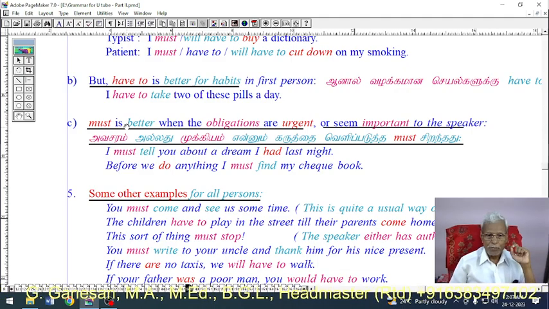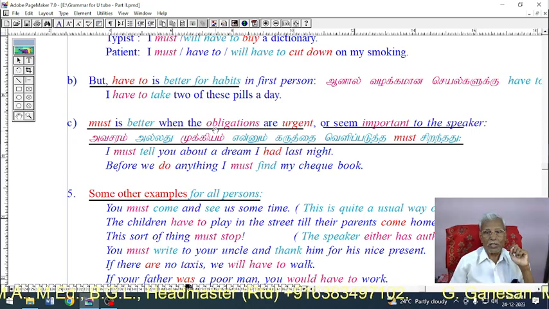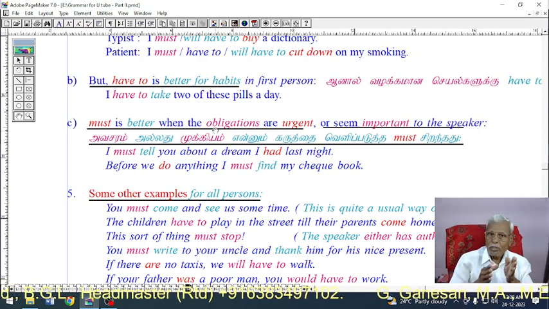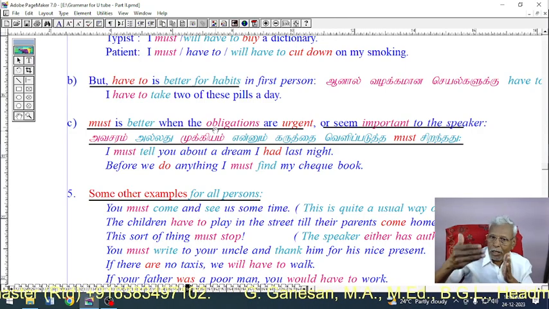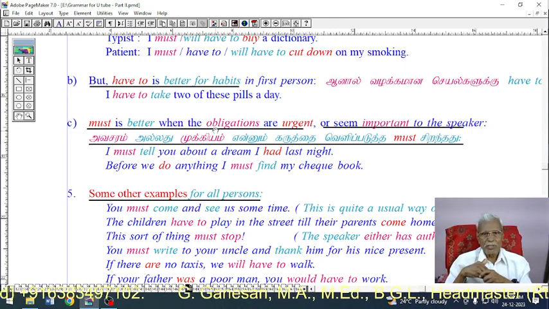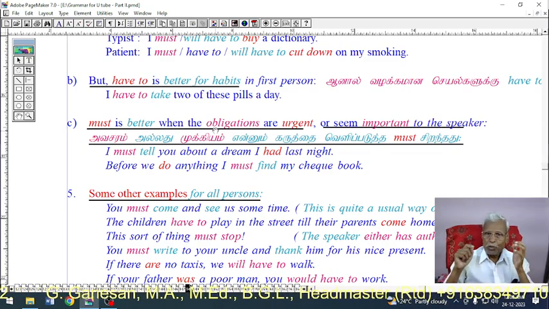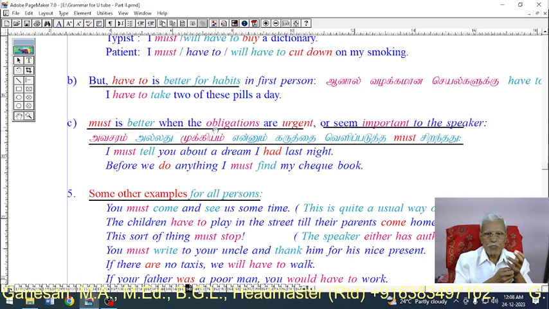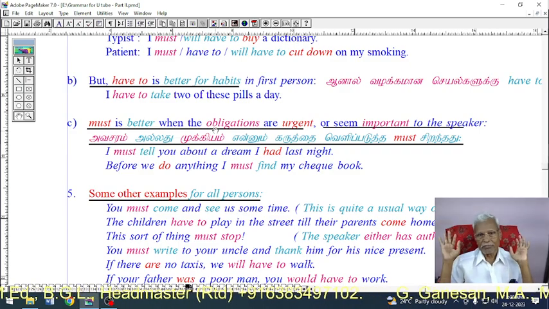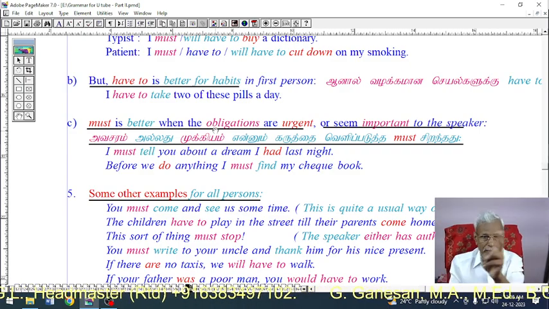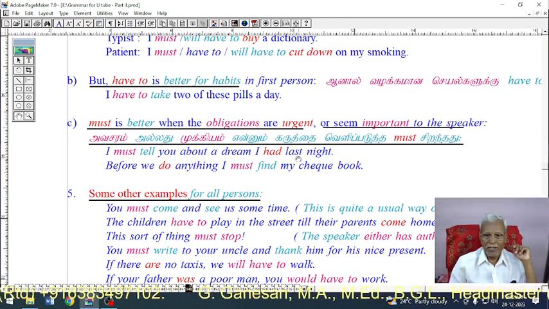But thirdly, must is better when the obligations are urgent and important. That is, to express habitual actions, have to is better than must. But to express urgent or important work, must is better than have to. I must tell you about a dream I had last night.